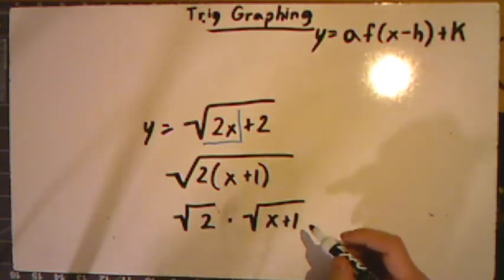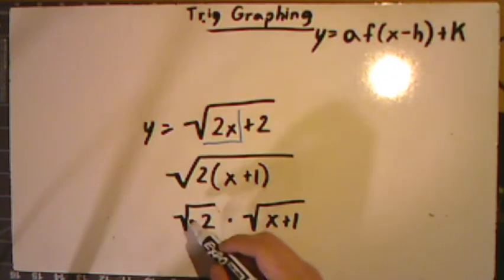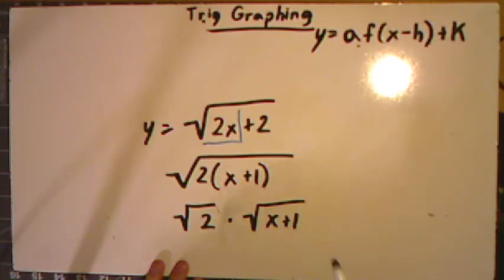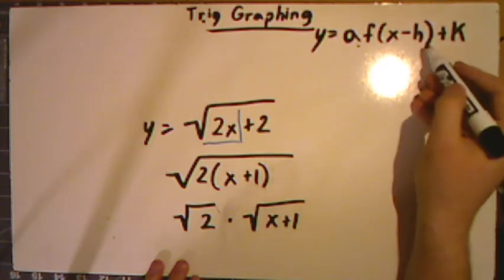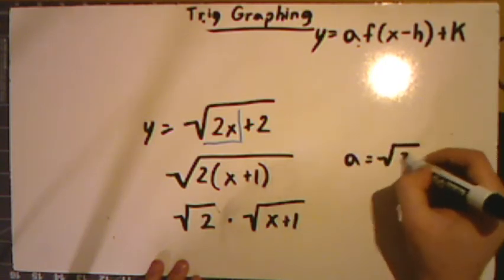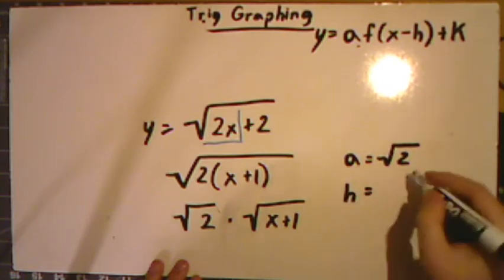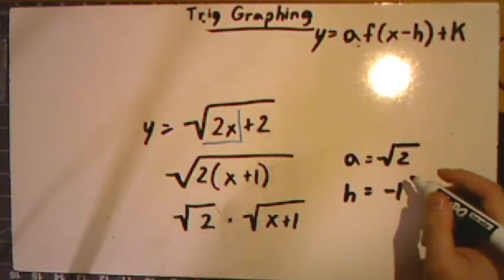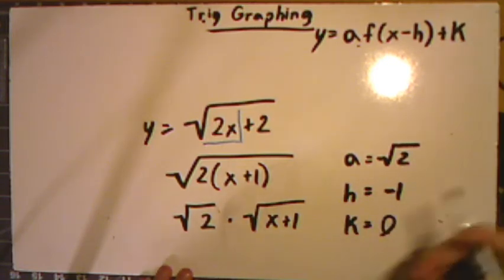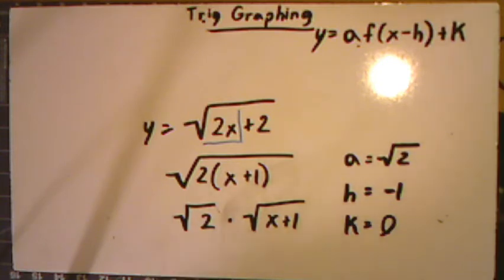And then we could see that the square root of 2 becomes our a value. And then we still have, in this case, remembering that we switched the sign to get the h value. So instead of being positive 1, we'll set that a is the square root of 2. H, you flip the sign, becomes negative 1. And then k is just 0. There is no k value. So in this case, we can separate them. We can do that to make it so that our function is actually the square root of x.